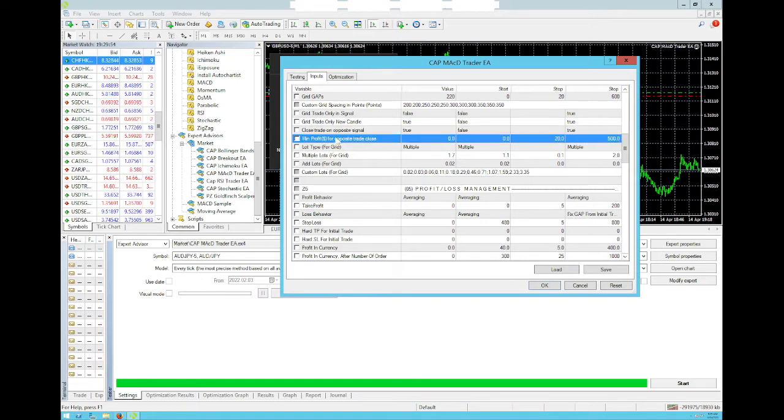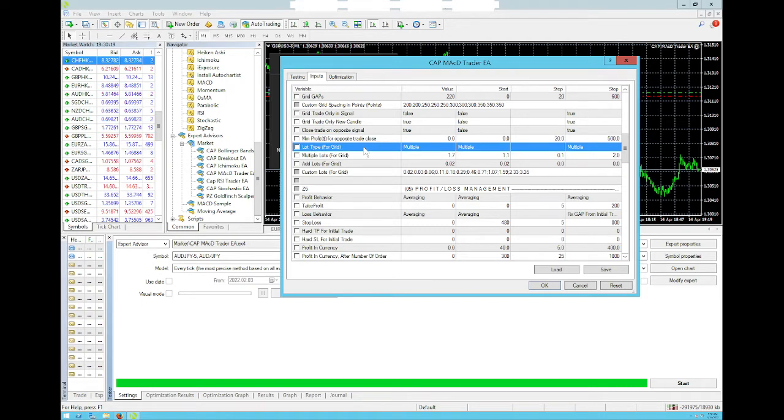There's a minimum profit for the opposite trade. So if you want a minimum profit before it switches, you can actually turn that on and find out the best number. I do not use it because normally I've noticed that it actually lowers my profit.